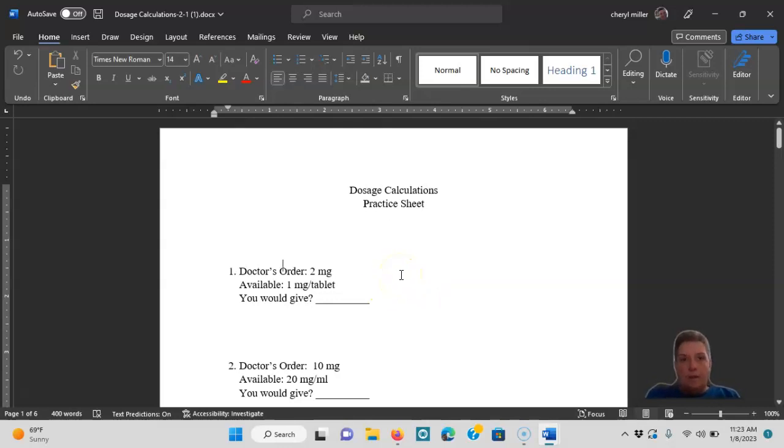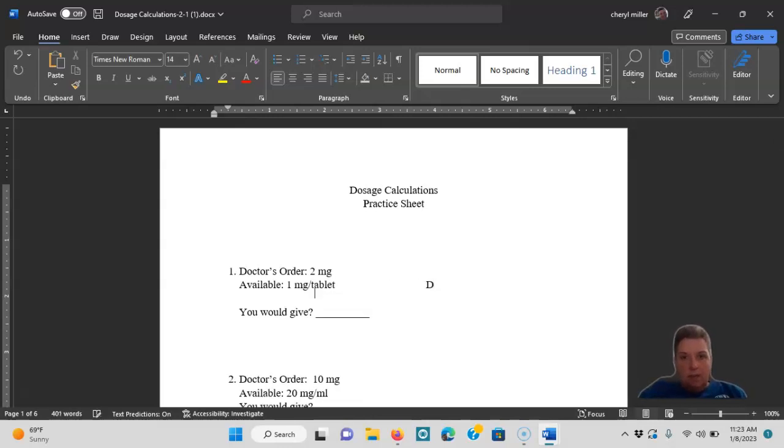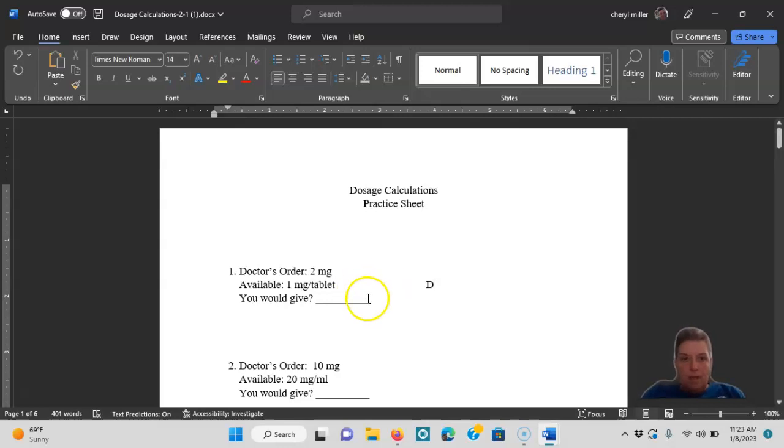Okay. So it's literally desired over have, and then you can always come over here and put a quantity if there is a quantity.